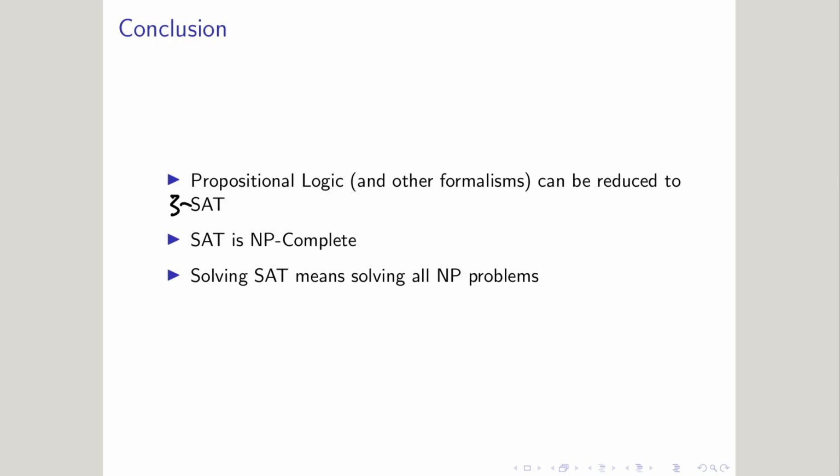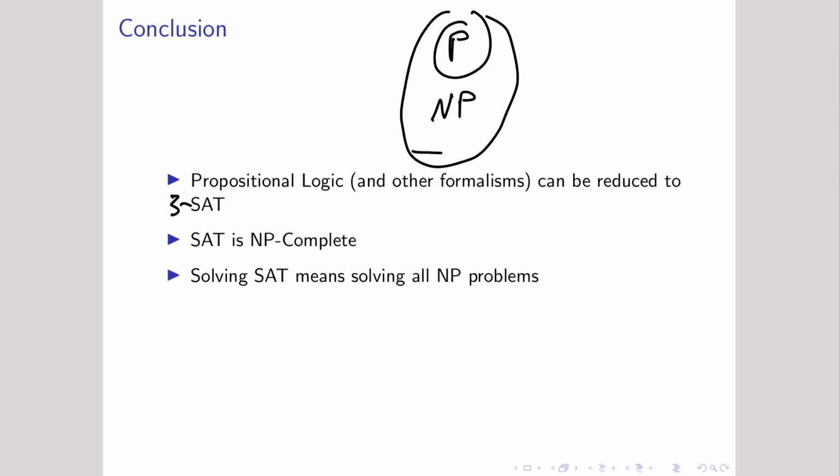Complete meaning if you solve it, you can solve every other problem in NP. That means you can express every problem in NP in that whole set. So we believe the world looks like this in the world of computer science, and this little fringe down here is NP complete.